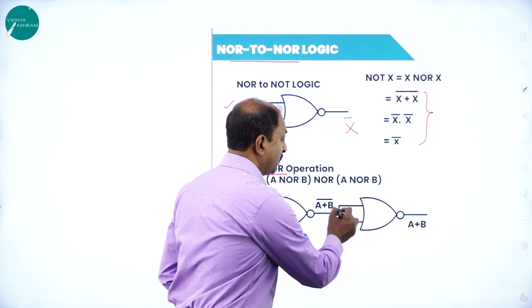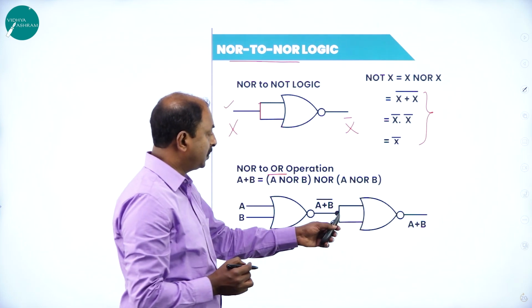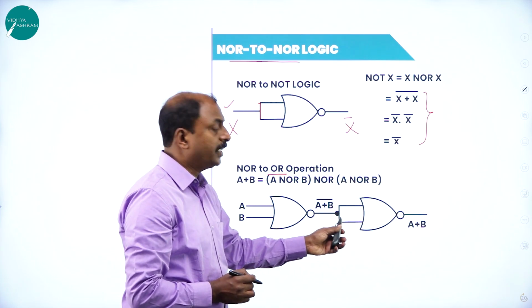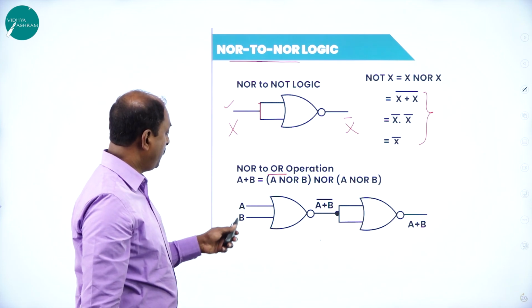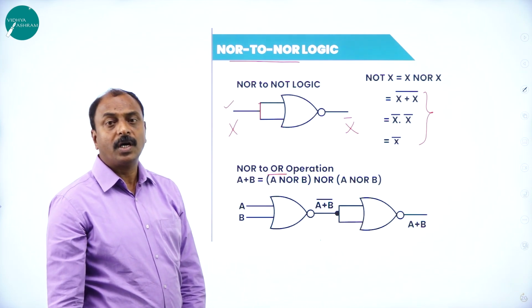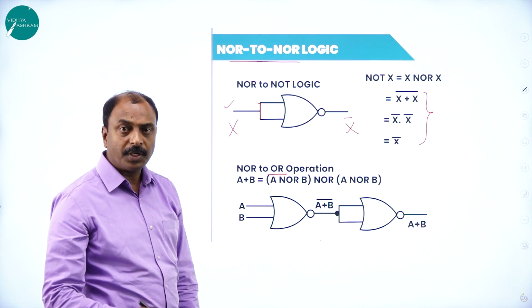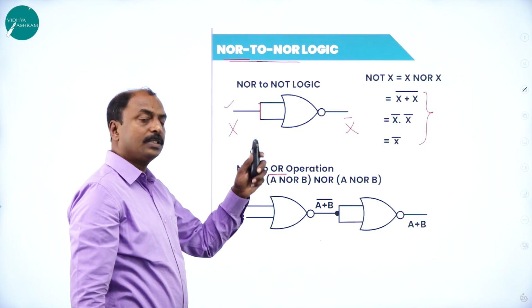So there are two gates here, but the output is one. We have to short or join this to form a single input to this gate, and the result is A plus B. So A, B is the input, output is A plus B. This is the result of the OR operation, and we got it through the NOR gate. So this is the NOR to OR circuit.